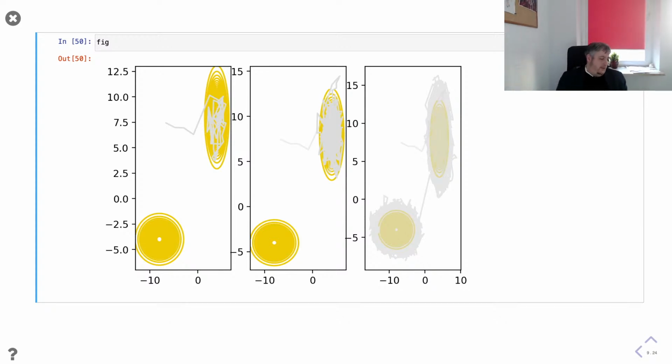The more traditional way is so-called Gibbs sampling: as long as we can compute the marginal distributions of each of the variables conditional on the others, then we can sample those individually in a sequence.